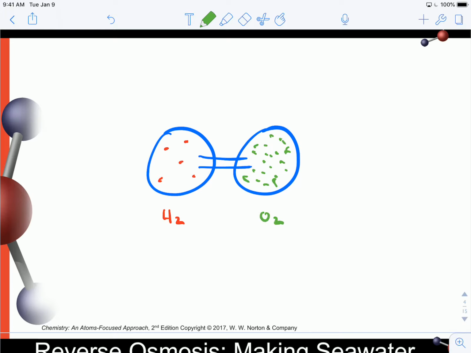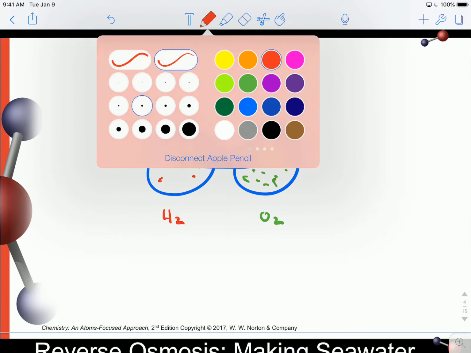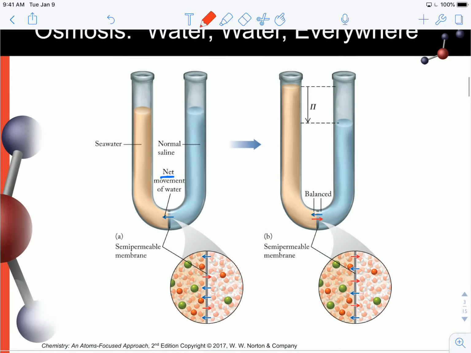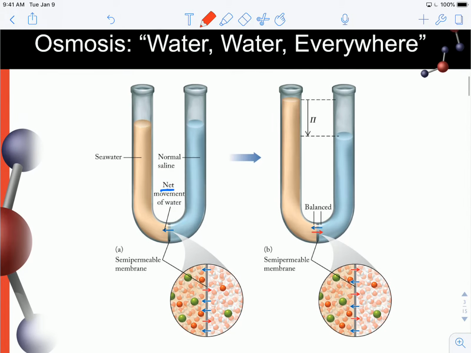Now, once I open this port, you can imagine that we're going to get a lot more movement of oxygen in this direction than we will get hydrogen in this direction, just based on sheer numbers, until the system comes to what we call equilibrium, kind of normalizes itself and becomes much more uniform. You should be able to understand that from just a sheer statistical approach, and that's what we're seeing here.